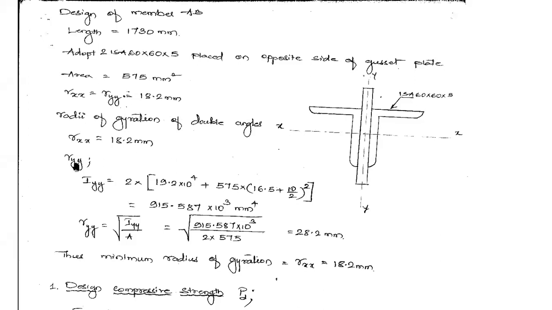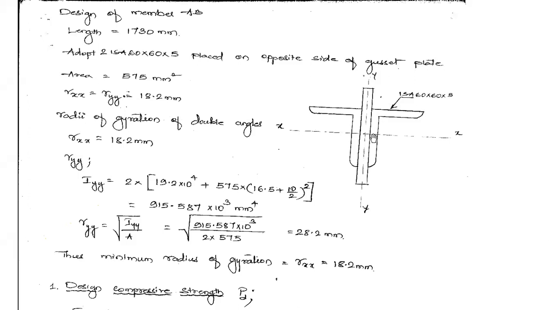But when it is about the vertical axis, the y-y axis, it is not coinciding with the centroidal axis of our compound section. So for that purpose, you'll have to apply the parallel axis theorem. When you combine these two angles, the CG of the compound section will pass through the CG of the individual section.